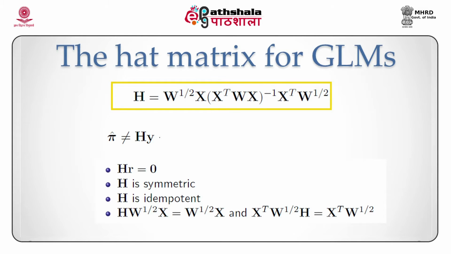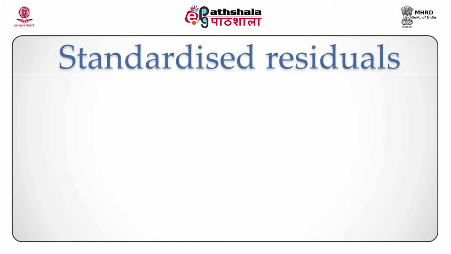Also, H W to the power half X is equal to W to the power half X, and X prime W to the power half H is equal to X prime W to the power half. If you replace W by the identity matrix, then you will see that a similar property holds for the hat matrix from the linear model. We next look at the concept of standardized residual.